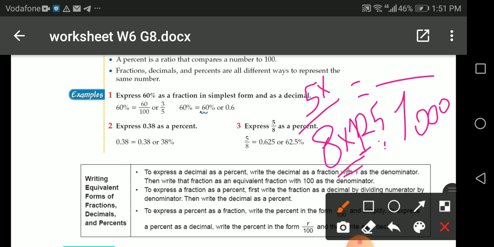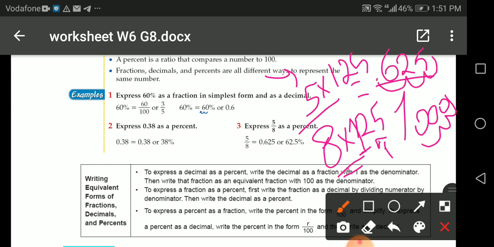What I do down in the denominator, I do up. So 5 times 125 will give you 625. You have here three decimal places because we have three zeros, so we put the decimal point, and up in the numerator you got 0.625.